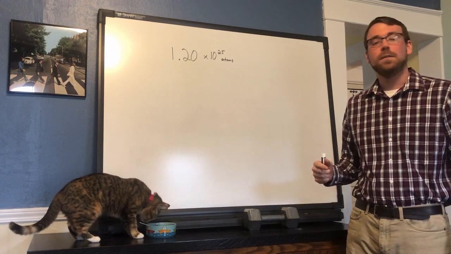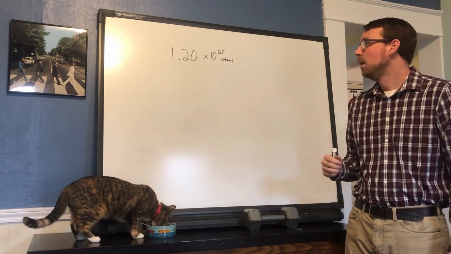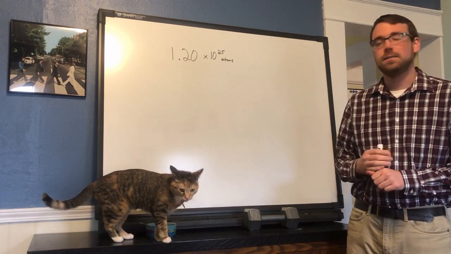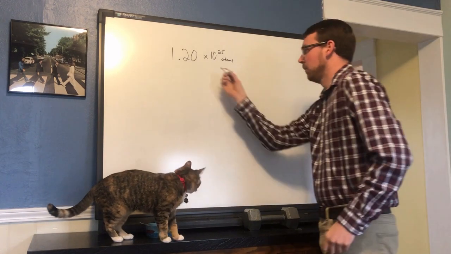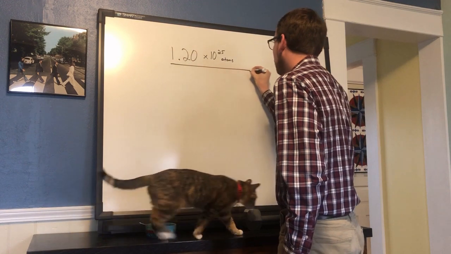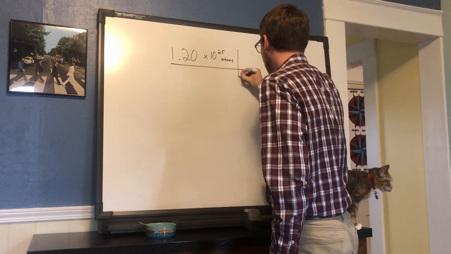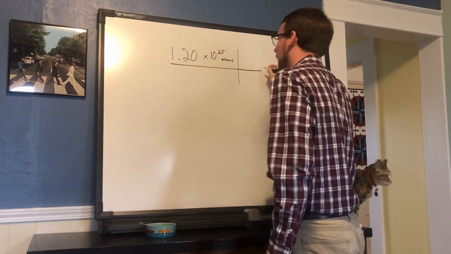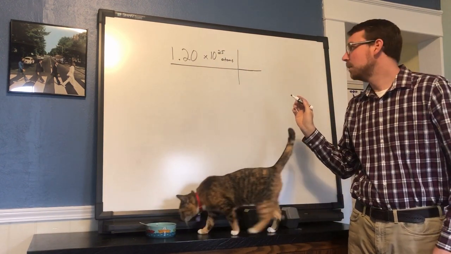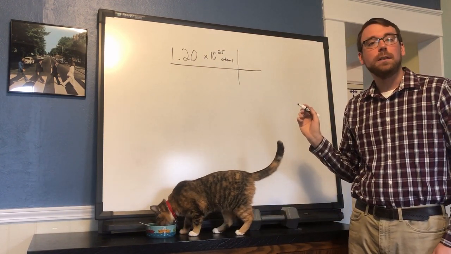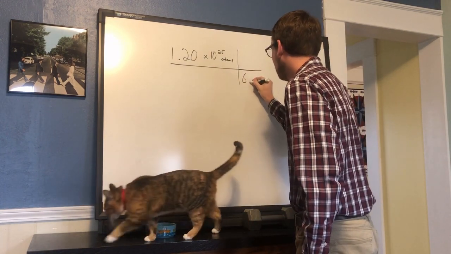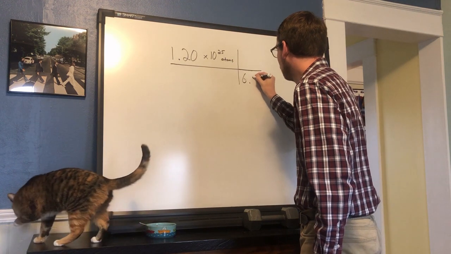We are going to start with our first problem where we have 1.20 times 10 to the 25th atoms of phosphorus. To convert to moles, we are going to make a conversion bridge. And because we are leaving the unit of atoms, we are going to be dividing by 6.02 times 10 to the 23rd.